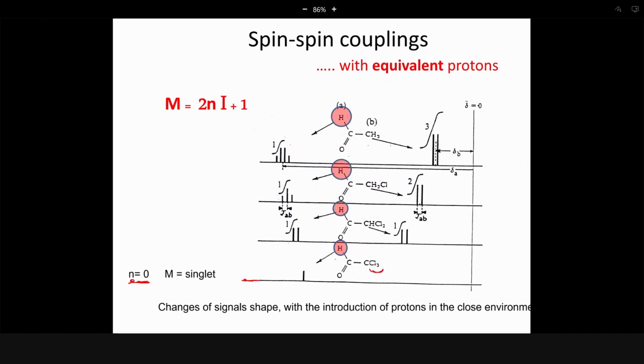We are in the case of the first molecule we worked with. We have a wall here, and we have no protons around. So on the frequency of resonance, or the chemical shift, I have only one line. N equals 0, M equals 1, so it is called a singlet.